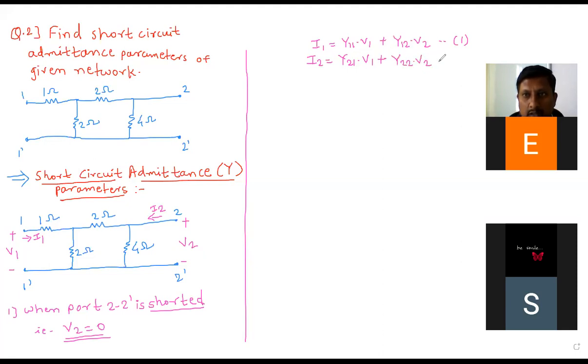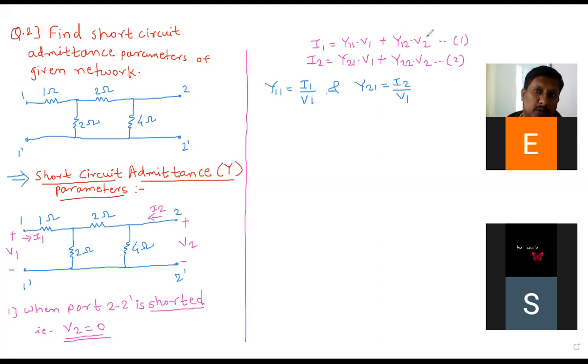This is equation number 2. When V2 equal to 0, you are getting two parameters, that is Y11 and Y21. Y11 is equal to I1 upon V1, and Y21 is equal to I2 upon V1.